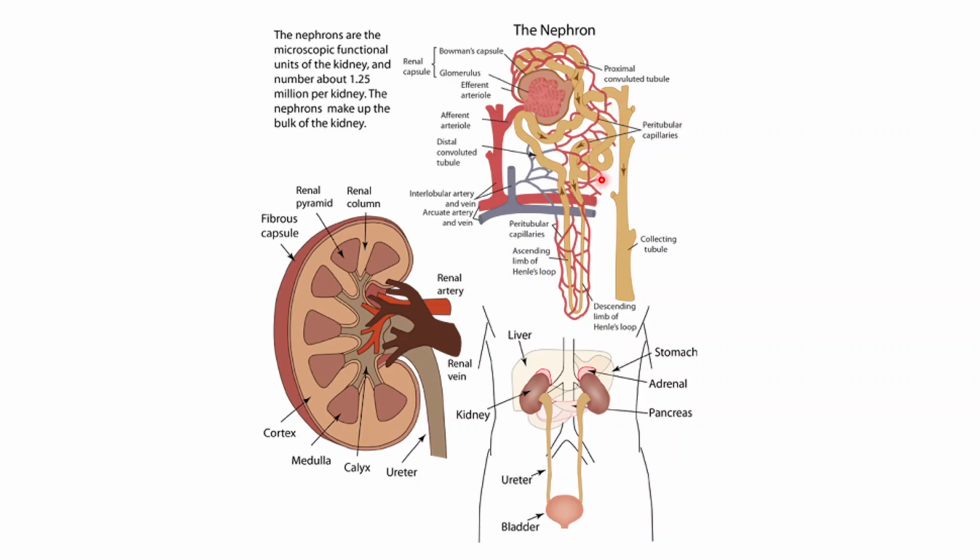Finally you have this leading into the collecting tube, which then goes into the ureter. So that's just to summarize, right? They're the functional unit, and you have about 1.25 million nephrons per kidney. They're literally the bulk of the kidney, and then you have other supporting tissue that does some other supporting functions, but this is the main thing, right?